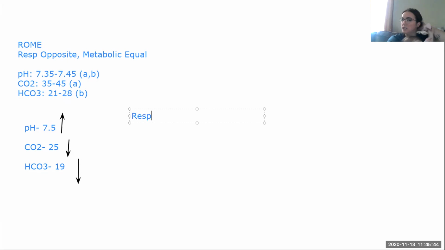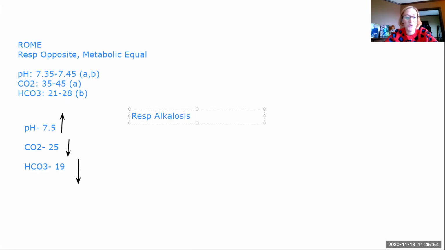So what do we have? Respiratory alkalosis. And what's our compensation? Partially compensated.